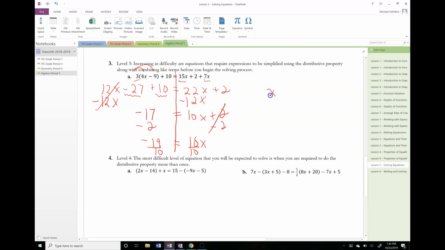And I'm going to get x equals negative 19 over 10. I can write this as a mixed number if I'd like to. 10 goes into 19 once, with 9 of the 10 left over, and that's going to be negative. So I could also say x equals negative 1.9. So any of these three answers written are correct, and you could have stopped at the first one if you wanted to.